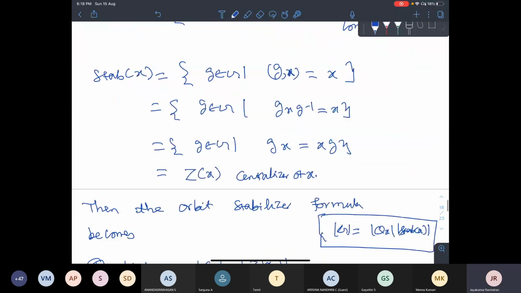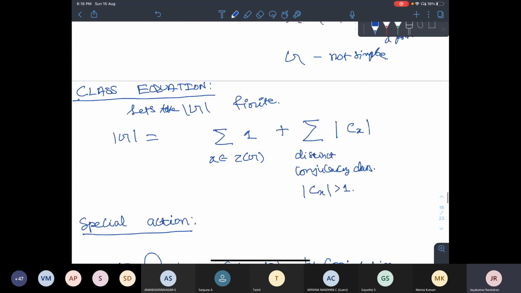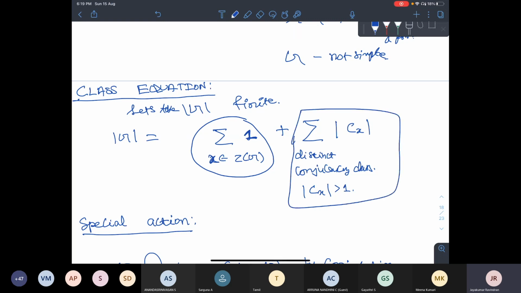Then G splits into orbits, so the order of G is the summation of the conjugacy class sizes Cx. A class of size 1 is exactly one element, which belongs to the center, and then the remaining classes. This is the classical class equation. Classically, they used to write it this way. If you see Ian Aswin's book, he has no word about group action, but classically written, this is the class equation. Exactly.